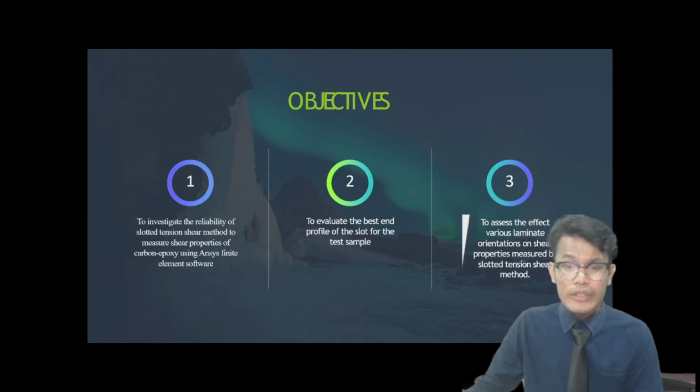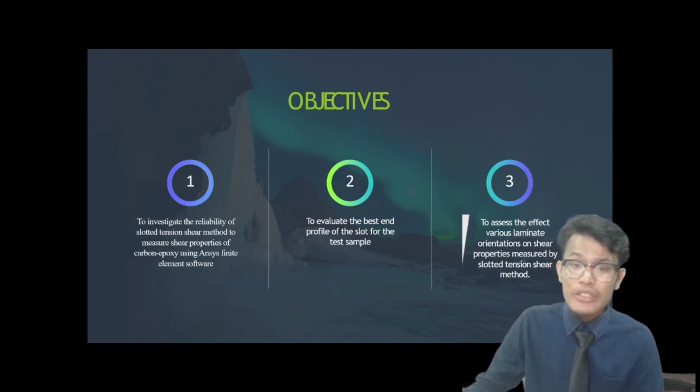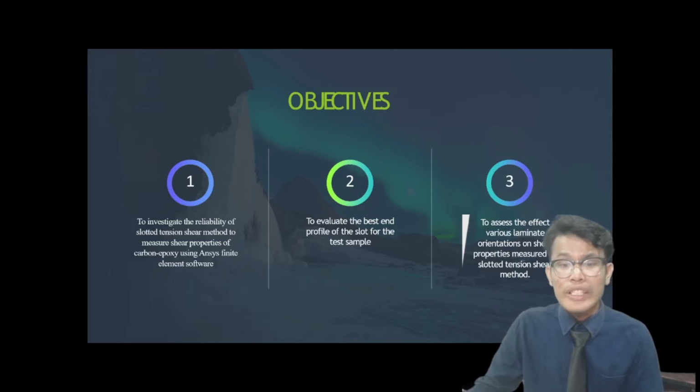For the objective, what do I need to achieve in this project? First, to investigate the reliability of the slotted tension shear method. This is to measure shear properties of carbon epoxy using ANSYS finite element software.